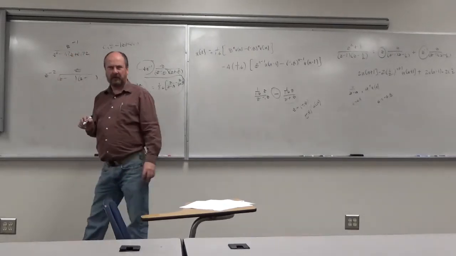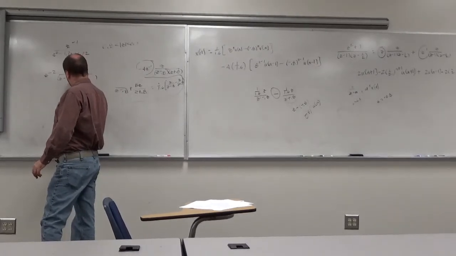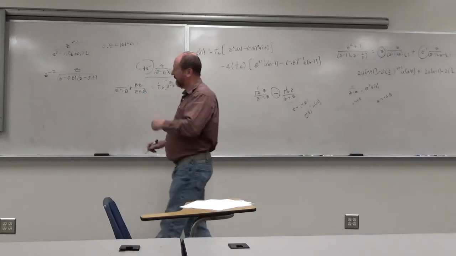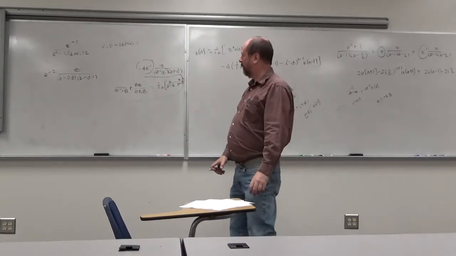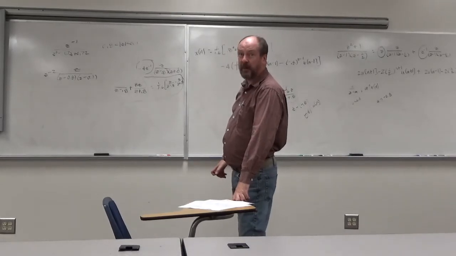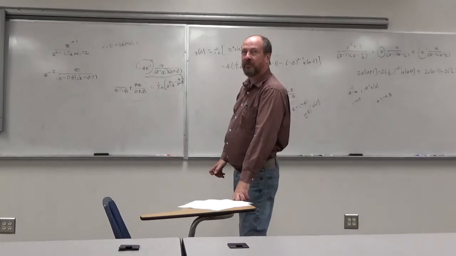So let's see if z minus 0.8 and z minus 0.9 will work. Multiply them out: z squared minus 1.7 z, and negative 0.8 times negative 0.9 is positive 0.72.